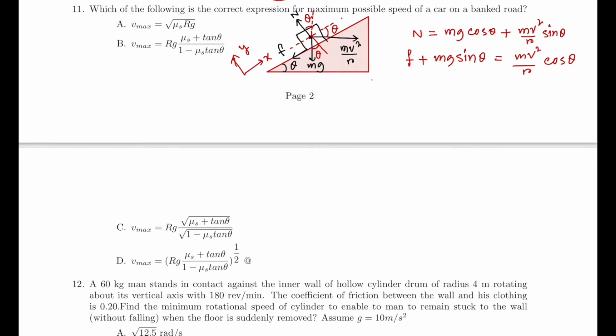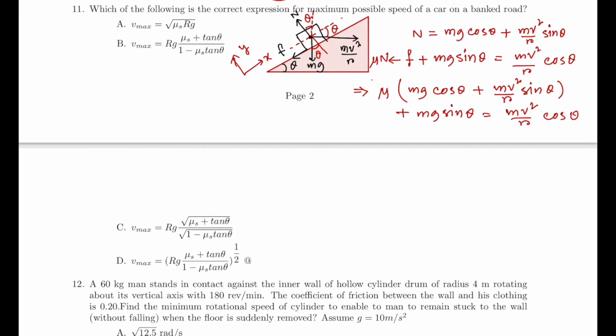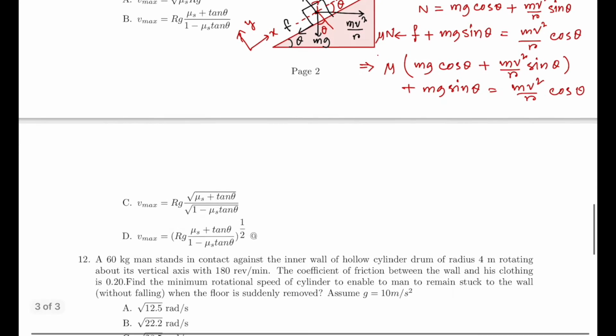So f is mu times N, so this is mu times mg cos theta plus mv squared by r sine theta, plus mg sine theta is mv squared by r cos theta. You cancel out m's and divide by cos theta and evaluate v.